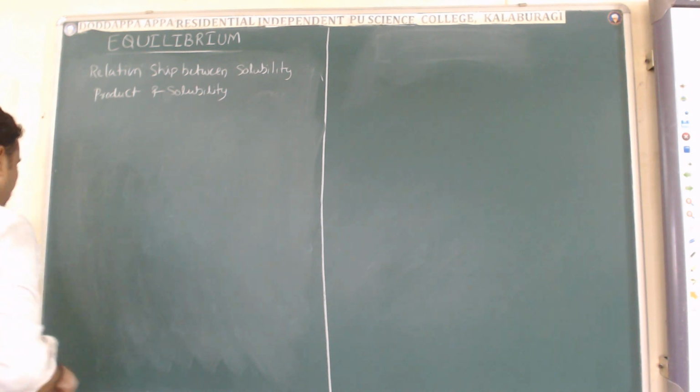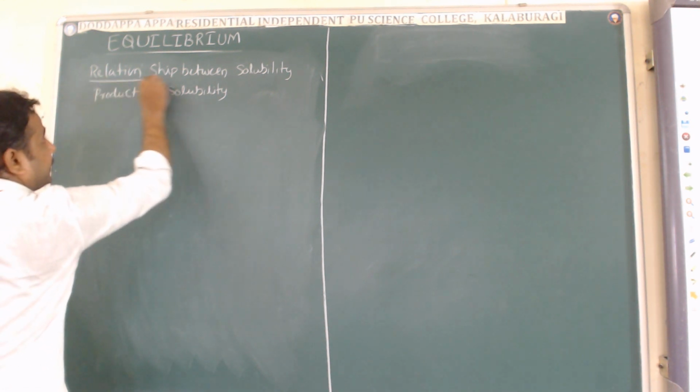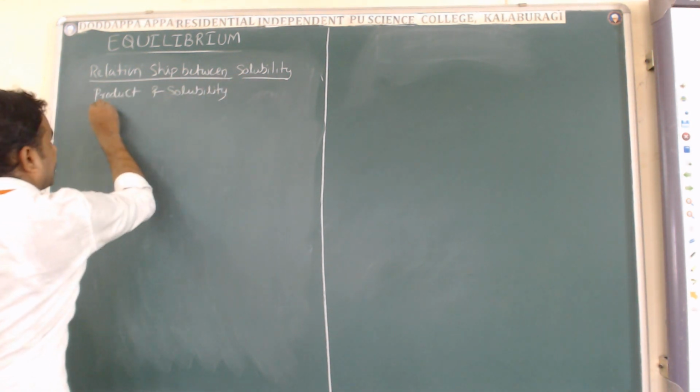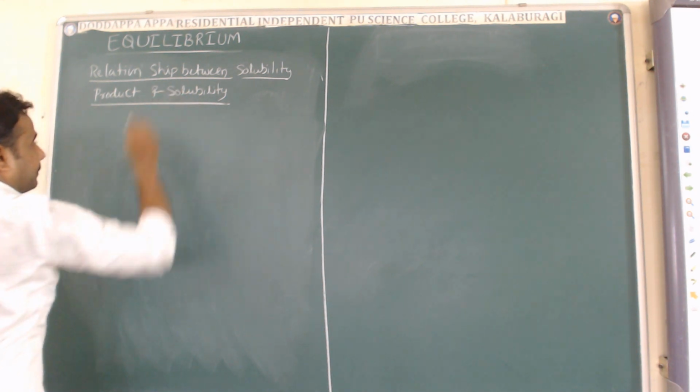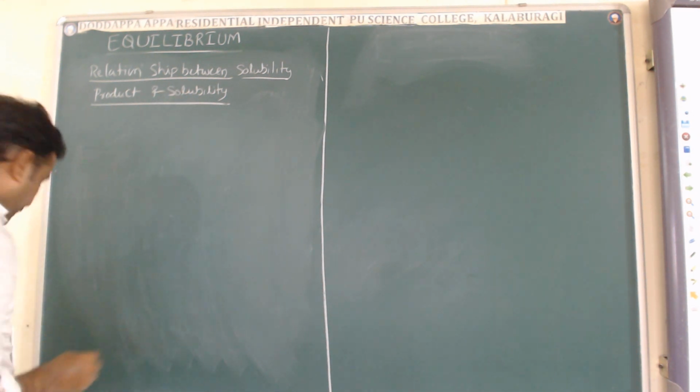Okay. So how to write down here the relationship between the solubility product and solubility? Here you have to take one example.